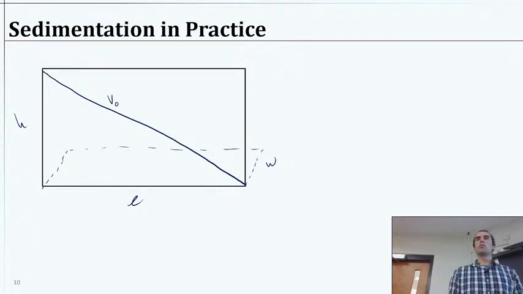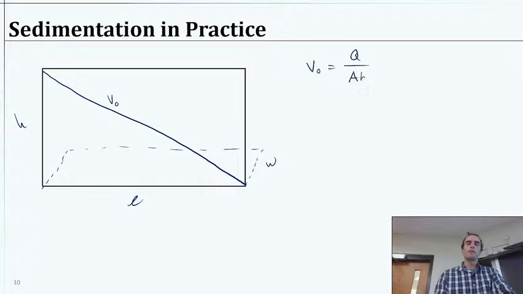So in order to relate the V naught to the flow rate and the size of this chamber, we can say that our V naught is equal to the flow rate divided by the area of the basin. In this case, area of the basin would be length times width.